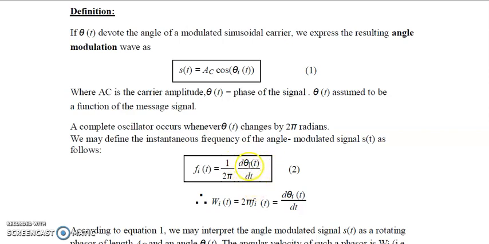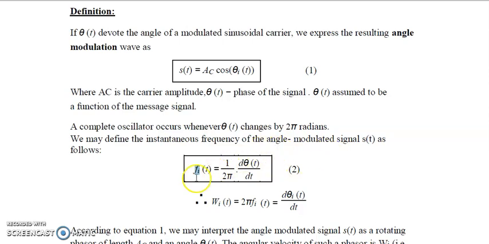Why is this differentiation taken? See here, it is fi. This i means instantaneous value. Instantaneous value means the value for only one instant. When we say time t, from 0 instant up to time t, the value is theta.